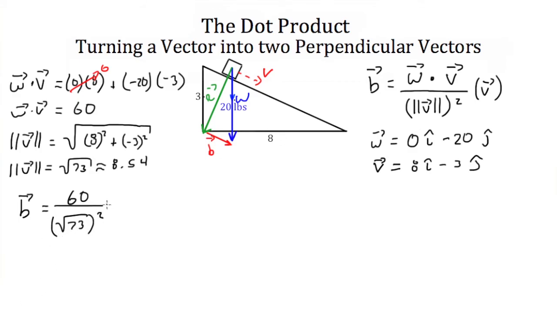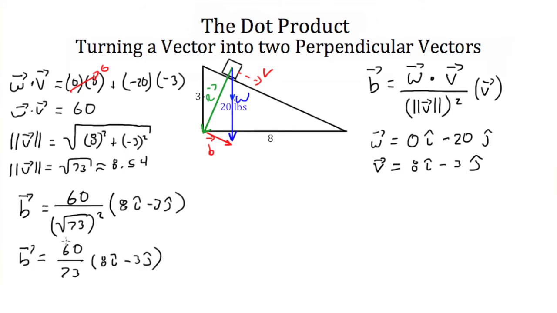And then we're also multiplying this by our vector V, which is equal to 8i minus 3j. Now 60 divided by the square root of 73 squared is the same as 60 over 73, and then multiplied by 8i minus 3j.